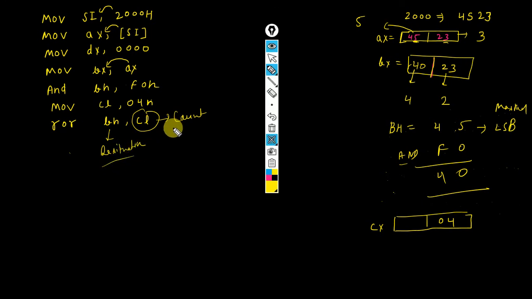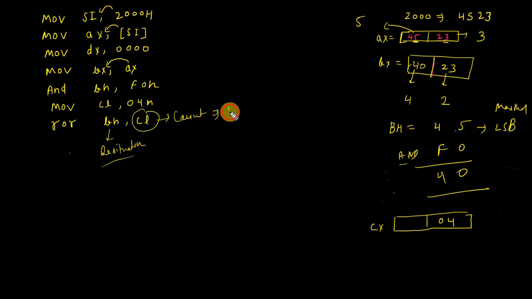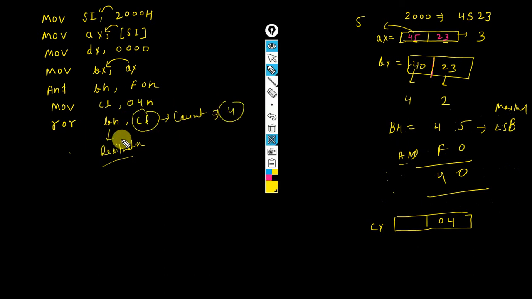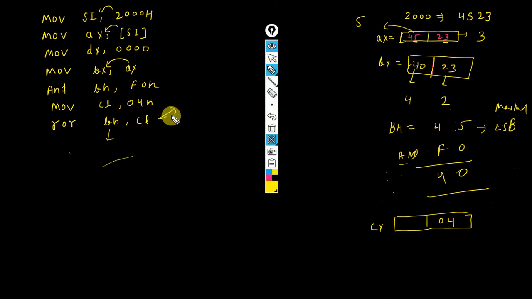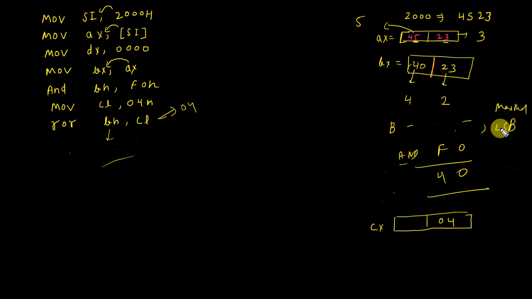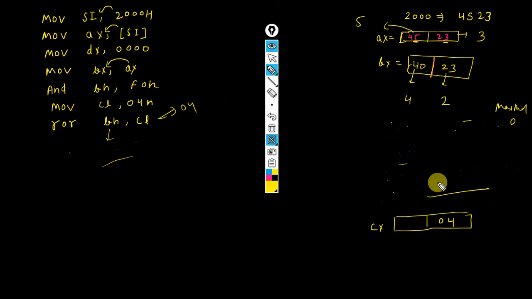The count value, the CL value, is 4. So we rotate this BH value 4 times. The CL value is 04. Rotate this BH content.